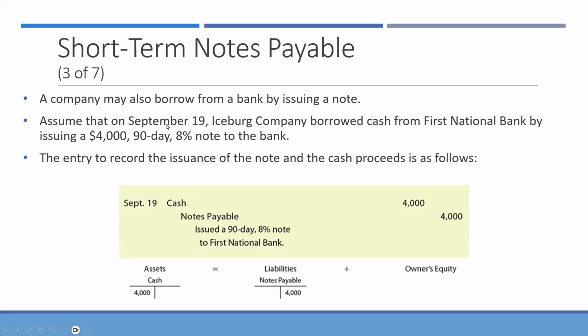So assume that on September 19th, Iceberg Company borrowed cash from First National Bank, issuing a $4,000 90-day 8% note to the bank. And so they received $4,000 in cash.